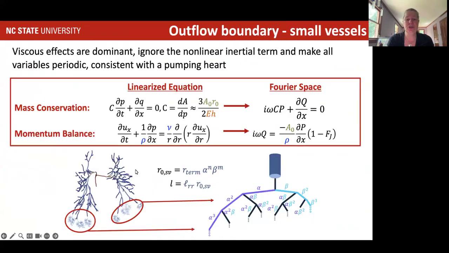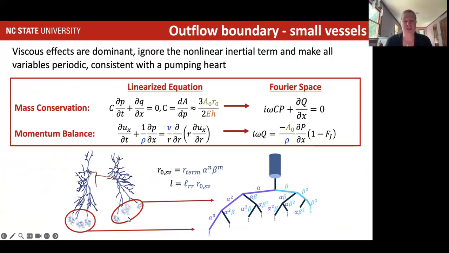So what we are doing here is assuming that at the end of each vessel, they continue branching until you reach the capillary level. And we are assuming that these branch in some kind of fractal manner. So we assume that the parent vessel branches into two daughter vessels that are scaled relative to the parent vessel with alpha and beta.